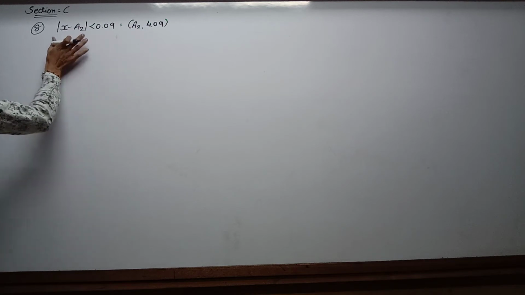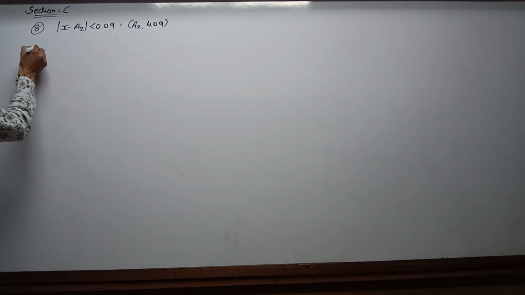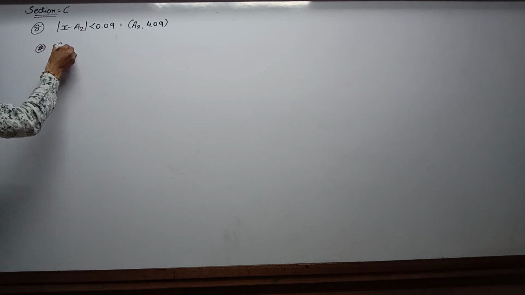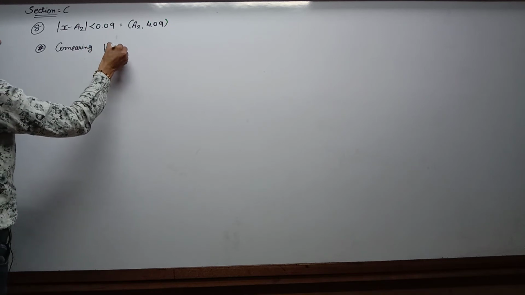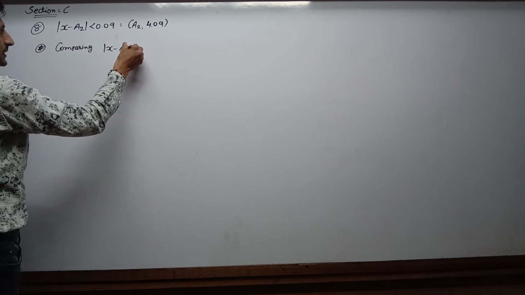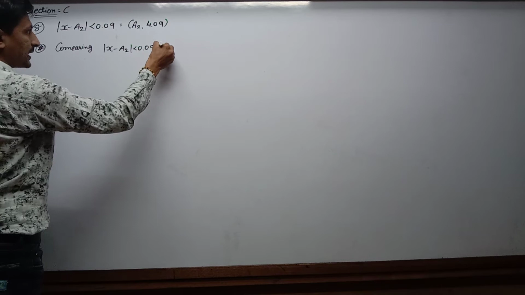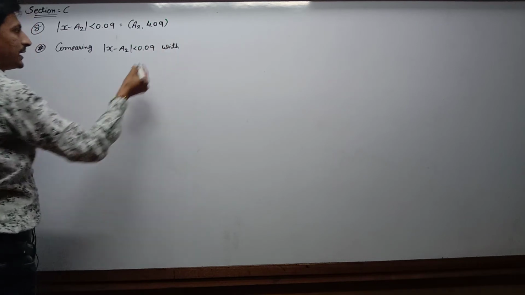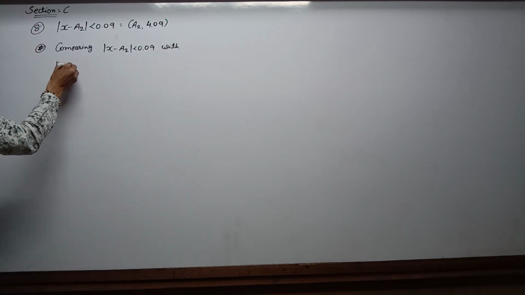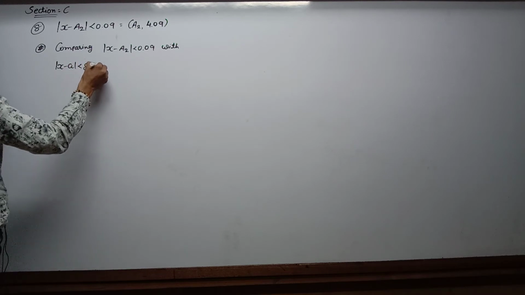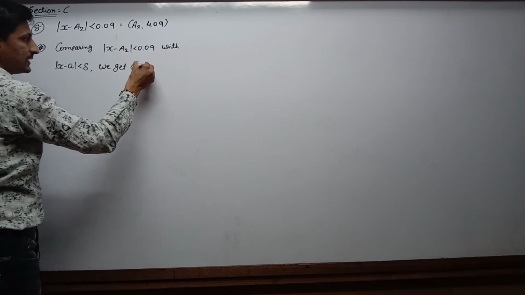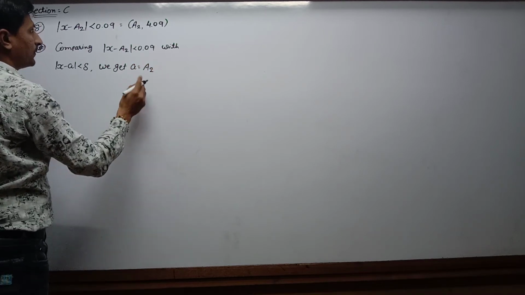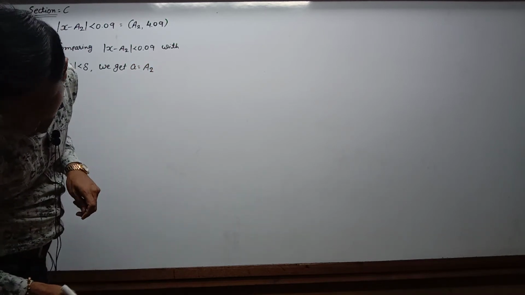Okay, so first comparing in modulus form x minus a1 less than 0.09 with modulus form x minus a less than delta, we get small a is equal to capital A1.